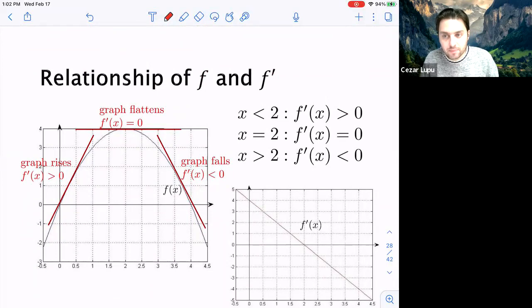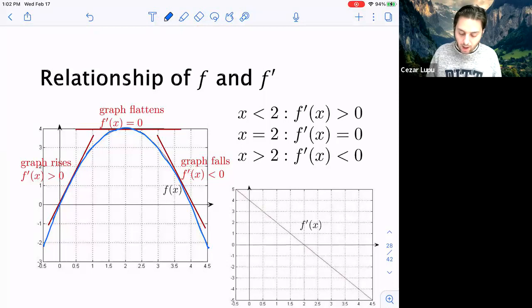Look at the graph, and let's look at the left side. This is the graph of the function. Let me just draw it. It goes like this. All right. So this is the graph of the function.